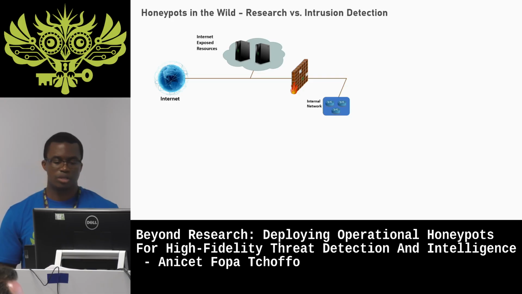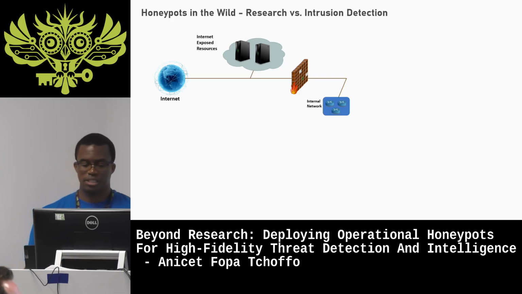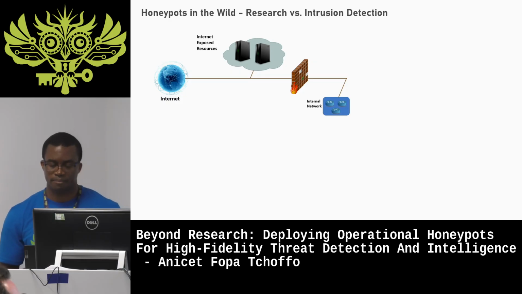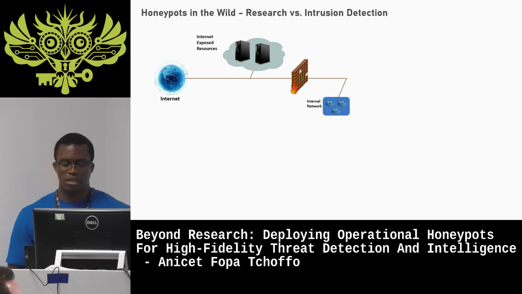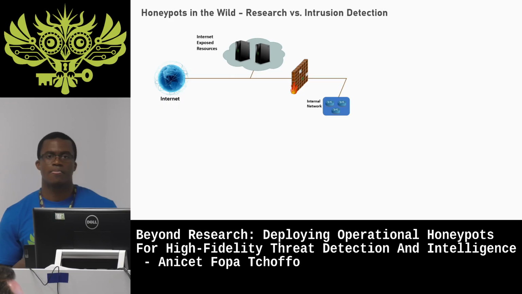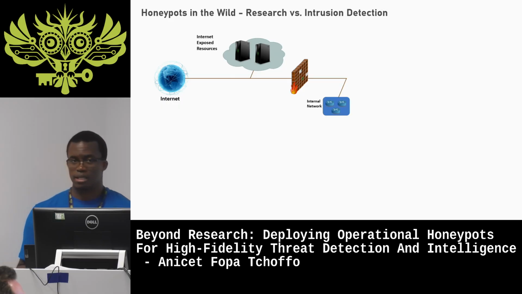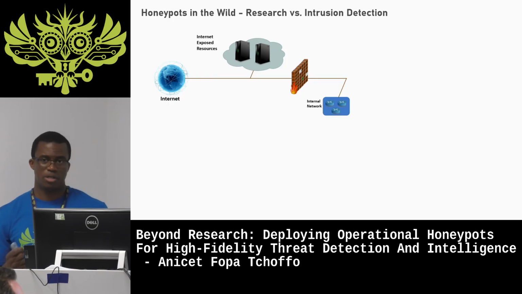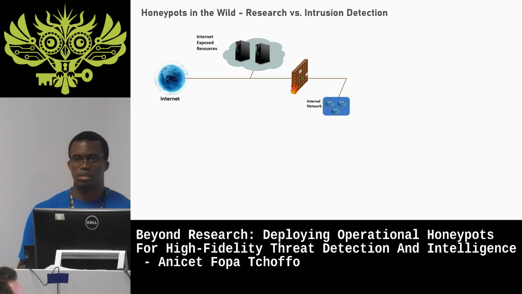Okay, so we know what honeypots are, we know their potential, but how do we actually use them in real life? Broadly speaking, honeypot deployments fall into three main categories: research honeypots, resource exhaustion, or attack detection honeypots.